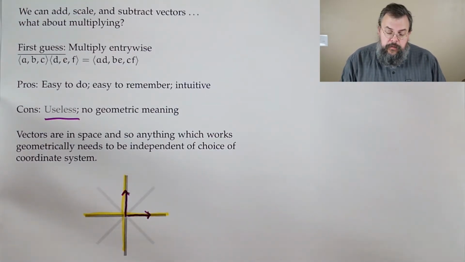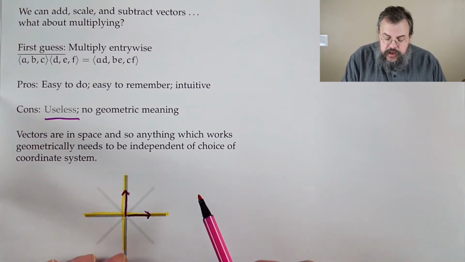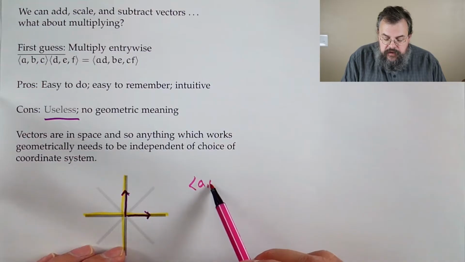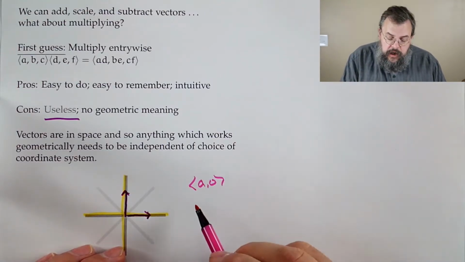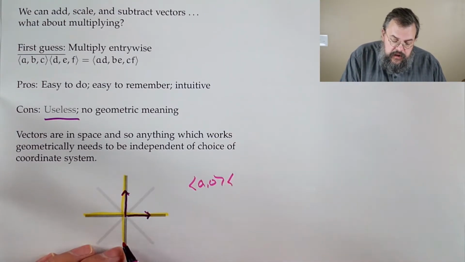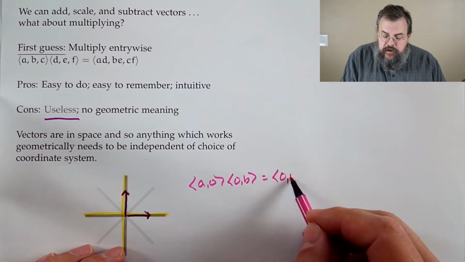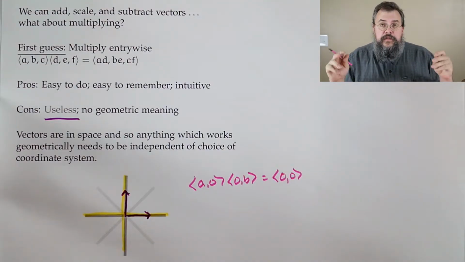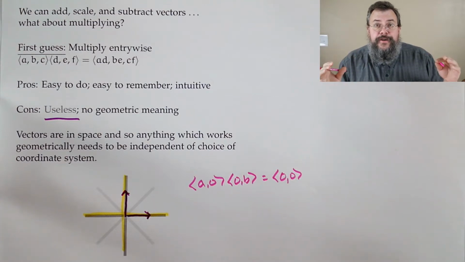Well, if they did, our first vector might look something like a, comma 0, because it's going all in the x direction, none in the y, and the second one would be none in the x, all in the y, 0 and b, and we'd end up with 0, 0. In other words, if we just multiply entry-wise, we get the 0 vector, which is a really special vector. It's that vector with no direction.